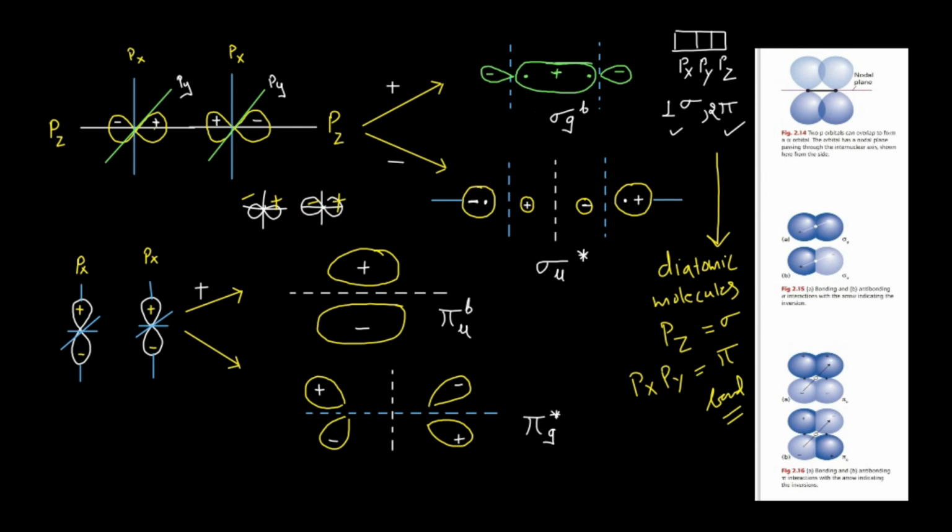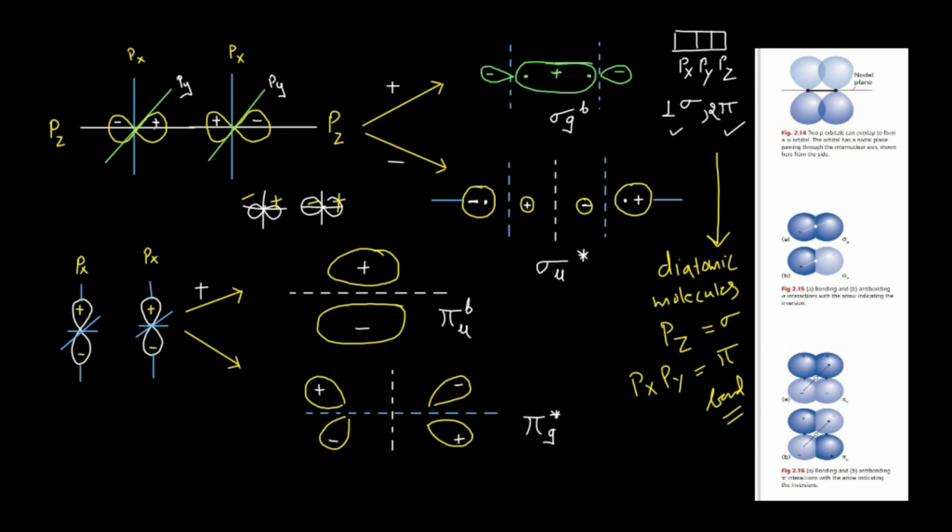Now if you want to check whether it is gerade or ungerade, you start from this particular end, move to the center of the molecule here, and then again move an equal distance in the opposite direction, and you find a different sign. Plus is here and minus is here. That means it is not centrosymmetric. That means it is ungerade. That's why this anti-bonding interaction is generally formed by the negative sign, that means the difference of the wave functions.